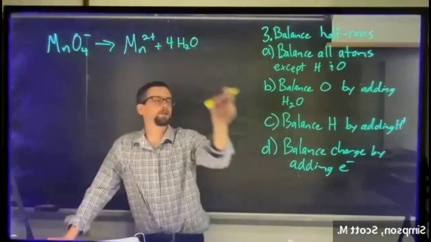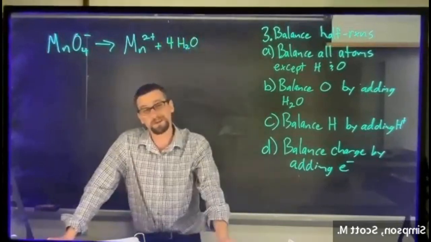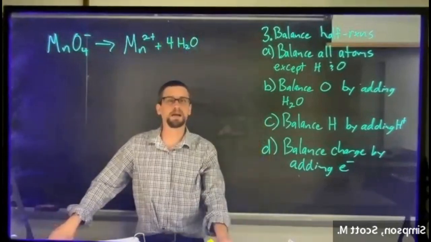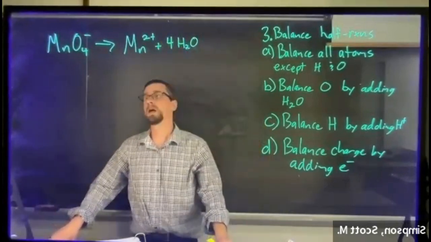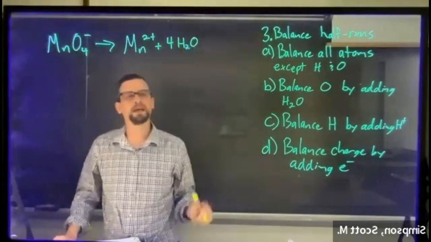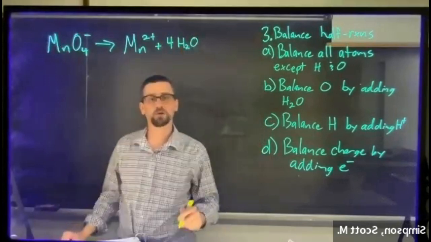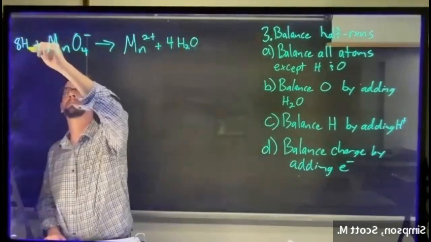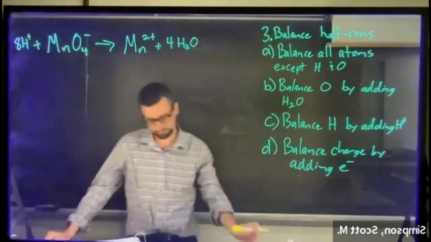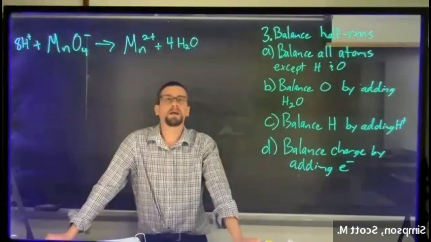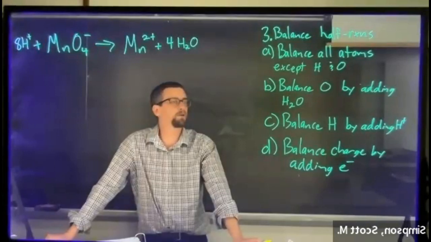So now we've balanced our oxygens, but now we don't have balanced hydrogens, so we have to do C. We've got to balance the hydrogens by adding H plus. Currently, we have none on the reactant side. We have a total of 8 on the product side, so we've got to introduce 8 H pluses.